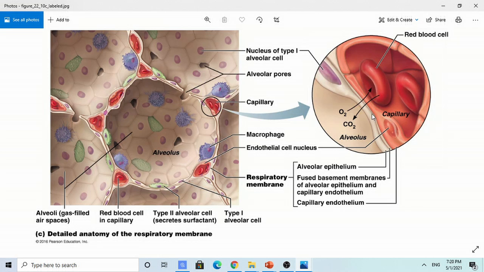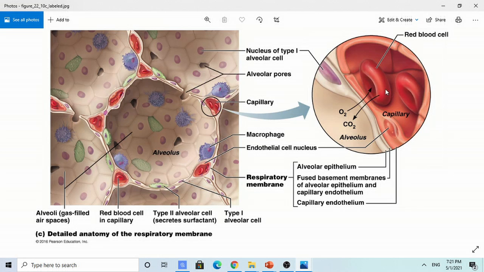By the way, the movement of carbon dioxide from the capillaries, from the red blood cells which brought the carbon dioxide here, into the alveoli happens due to diffusion. As you might remember, diffusion is the flow of substances from where they are in excess to where they are less or absent.